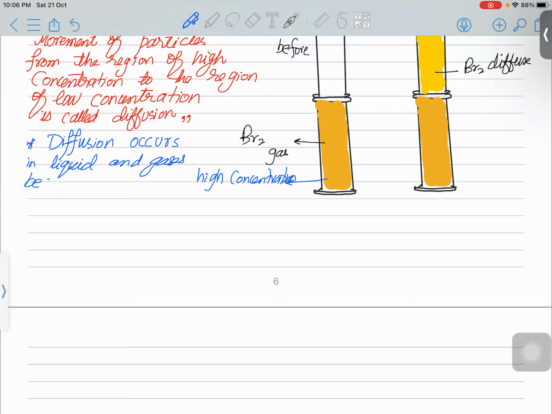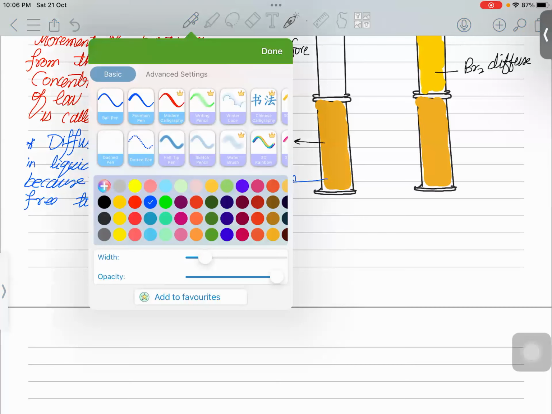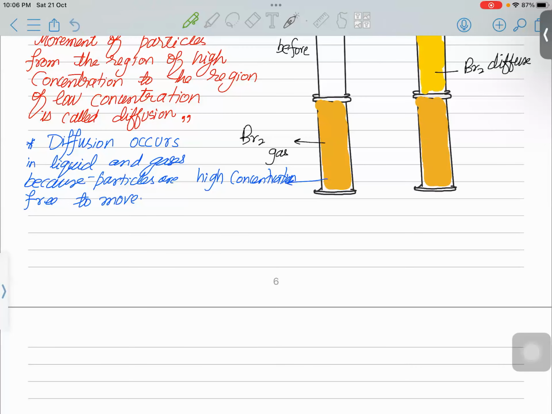Why? Because particles are free to move.